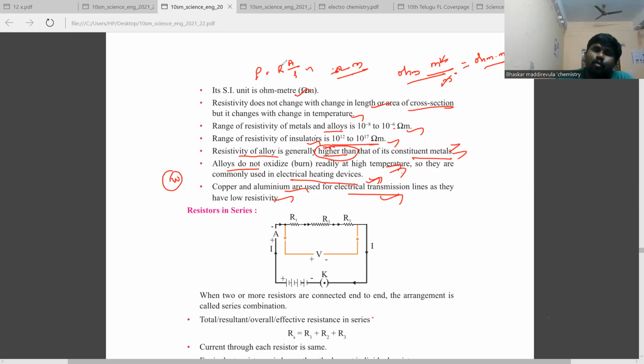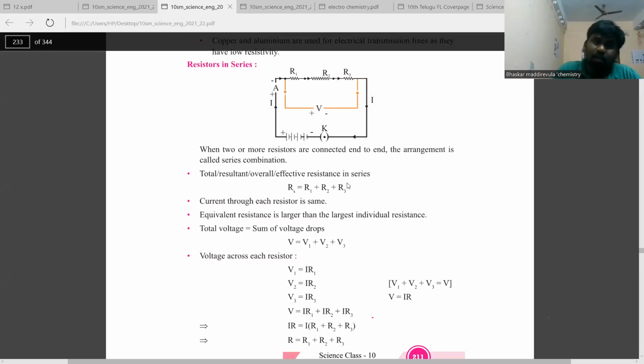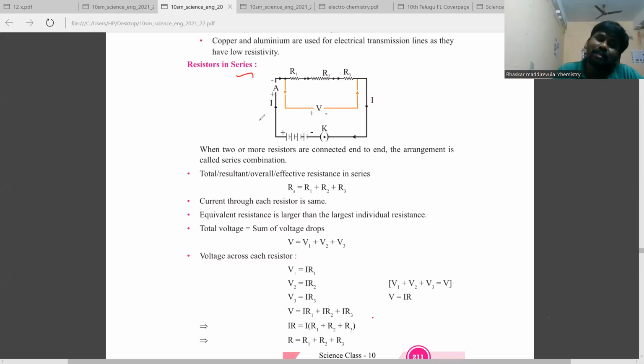Next we are going to see how to connect resistors in series and what the resultant resistance is.